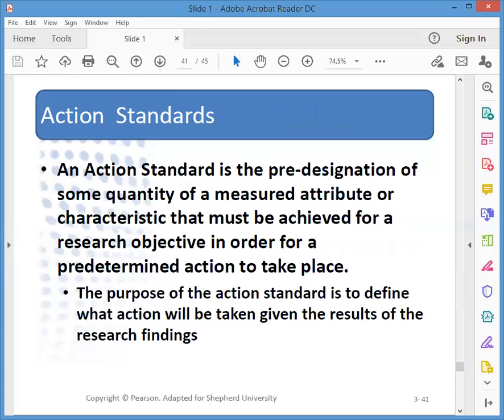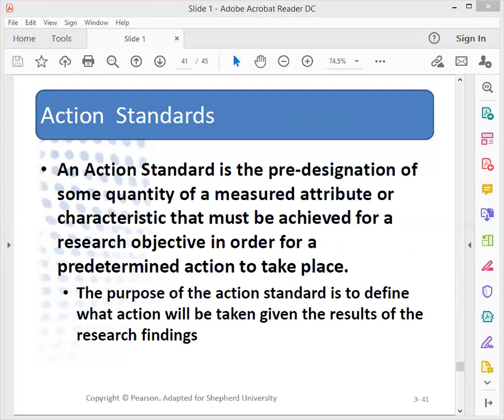The purpose of an action standard is to define what action will be taken given the results of the research findings. Action standards require you to make important decisions before you collect your information, and they serve as clear guidelines for action once the research is over.